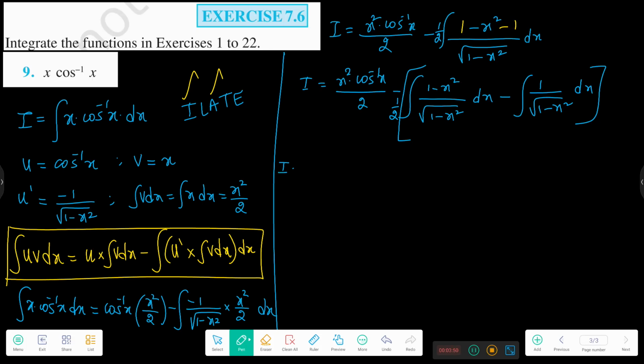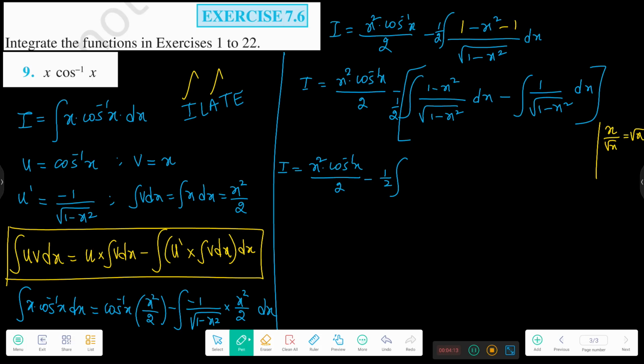Now again I is equal to x square into cos inverse x divided by 2 minus 1 by 2 into, children, now you can simplify this numerator. How? Listen, I will give an example. Suppose we have x divided by root x, you can write it as root x.